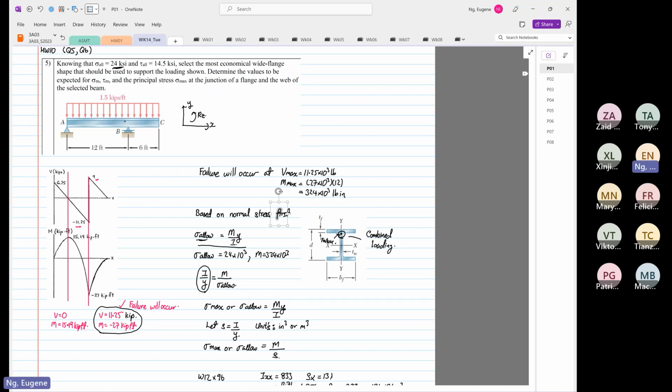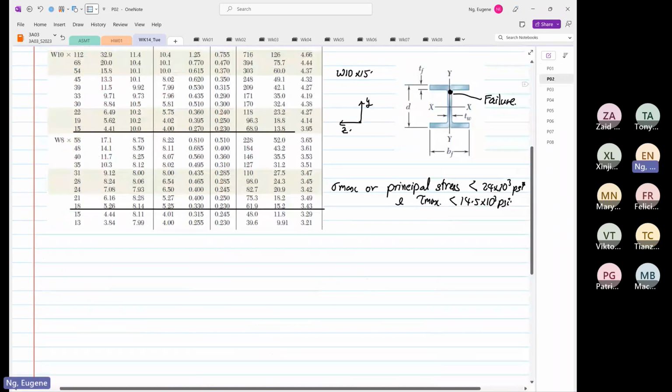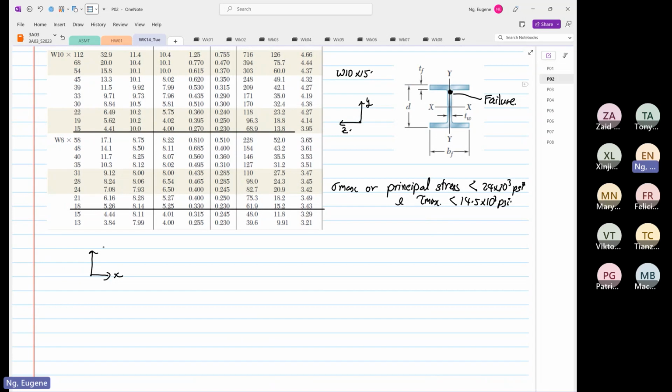Which is over here. So this is our x and y. So if I'm going to draw our element, which is x and y, I'm going to incorporate a z. So this is our element.